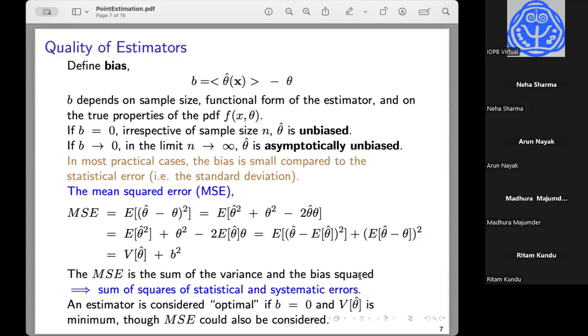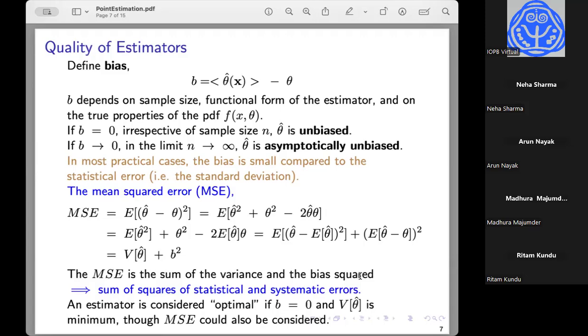Now this b will of course depend on the sample size. If the sample size is small, then you can have larger bias, for example because of statistical fluctuations. It also depends on the functional form of the estimator, as well as the true properties of the assumed PDF f of x. It depends on theta.